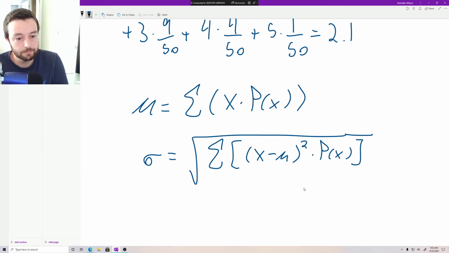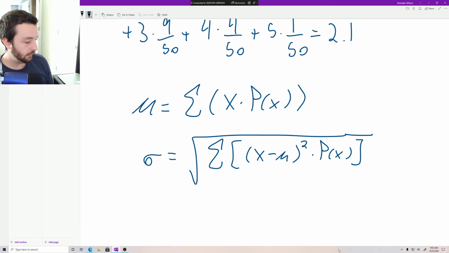Okay, so it is essentially taking your data values, subtracting off the expected value, squaring it, then multiplying by the probability, adding them together, and then taking the square root.